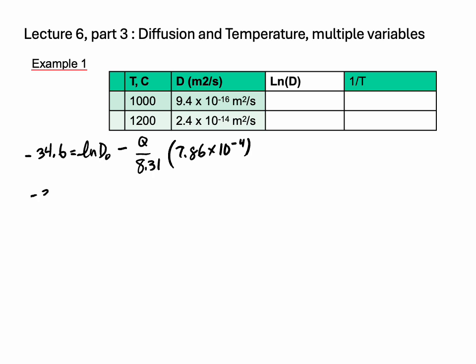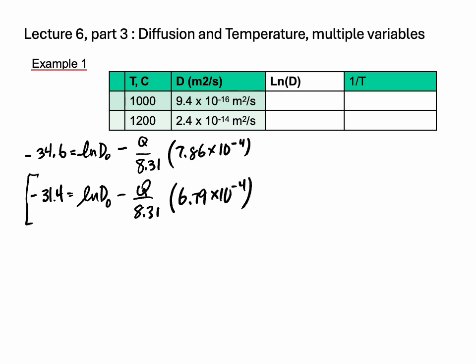And I've got negative 31.4 as the natural log of D0 minus Q over 8.31 times 6.79 times 10 to the negative 4.